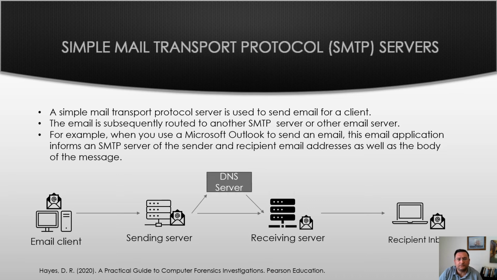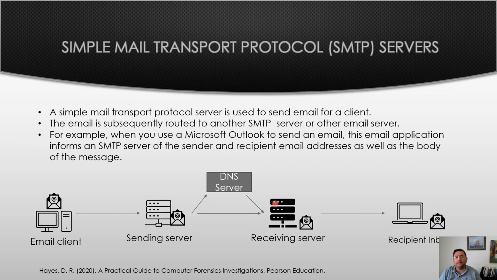A Simple Mail Transfer Protocol server is used to send email for a client. The email is subsequently routed to another SMTP server or other email server. For example, when you use Microsoft Outlook to send an email, this email application informs an SMTP server of the sender and recipient email addresses, as well as the body of the message.